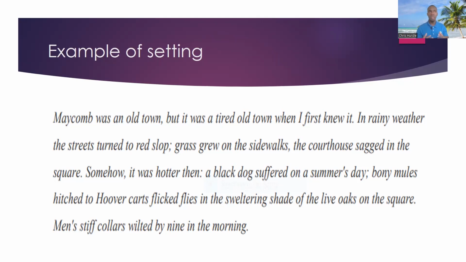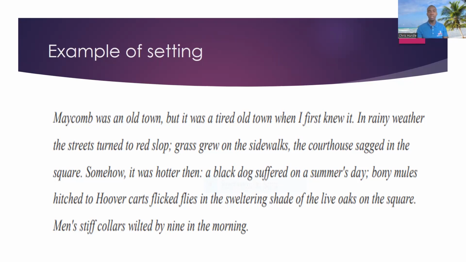Now, this description is so detailed that it includes color, it includes atmospheric conditions. And what this does is that this allows the reader to visualize what the town will be like. So the reader is able to envisage themselves within the actual town, right?